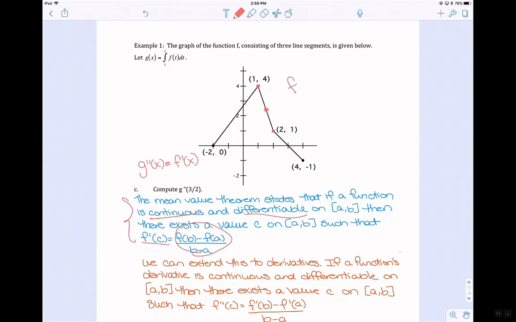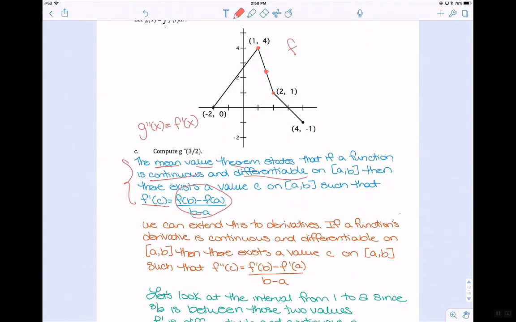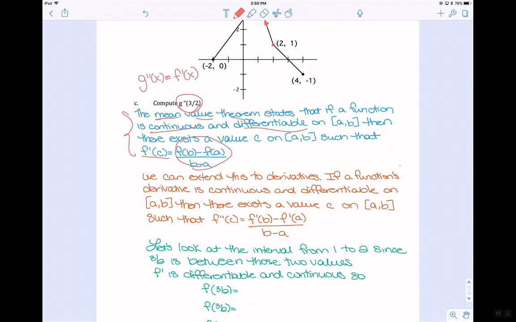We can extend this idea of mean value theorem to evaluate what g double prime of 3/2 is. So g double prime of c would be g prime of b minus g prime of a over b minus a.